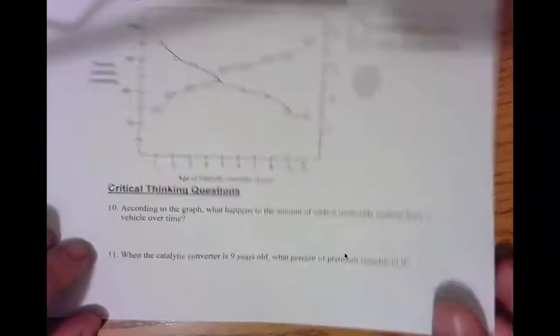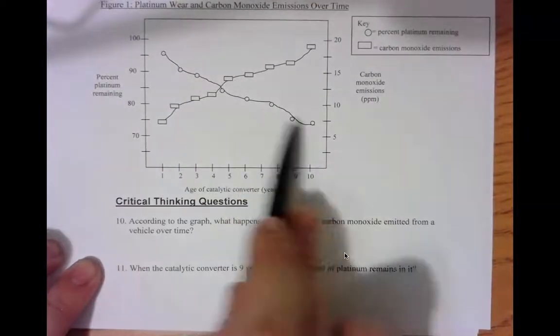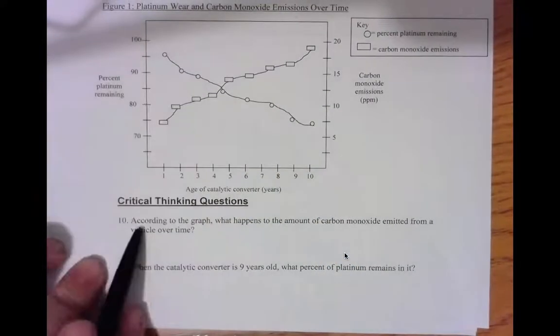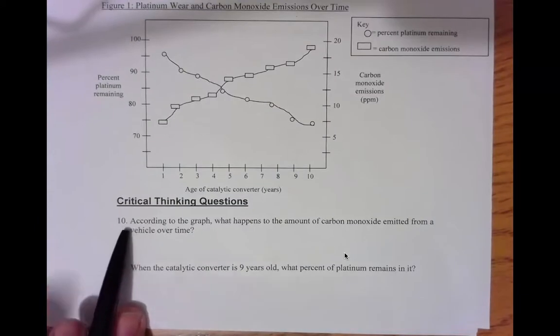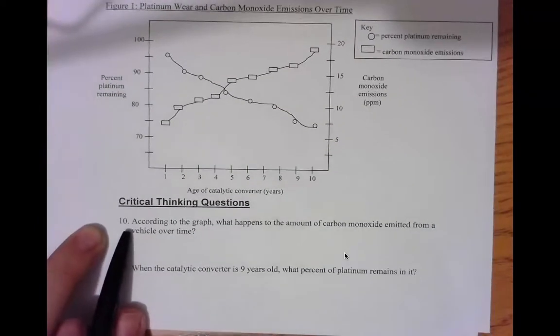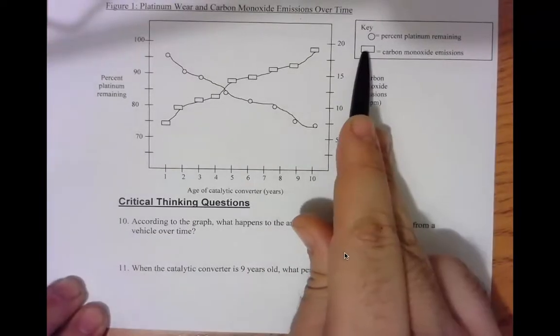So the next kind of information will be just using this graph, being able to read a graph. So I'll help you with the first couple, and then after that, I'll let you guys take it away. So question 10. According to the graph, what happens to the amount of carbon monoxide emitted from the vehicle over time? So we need to look at our key.